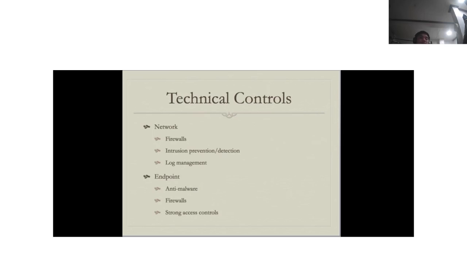effectively. So as you notice, here we have not just, and we're going to talk about this in a minute, preventive controls, but we also have detection and response controls.